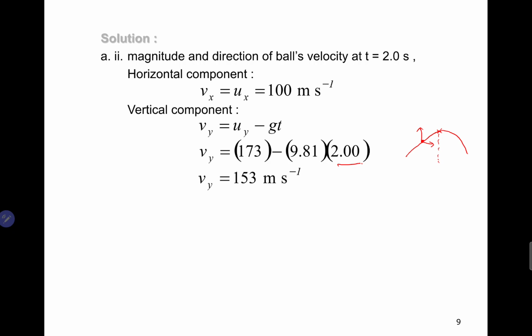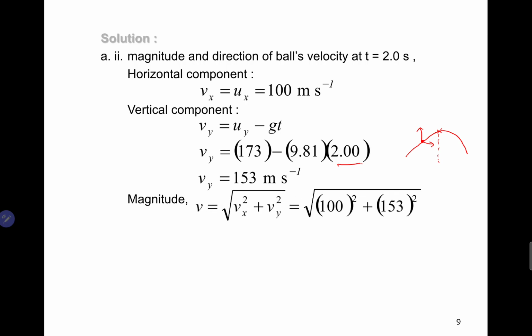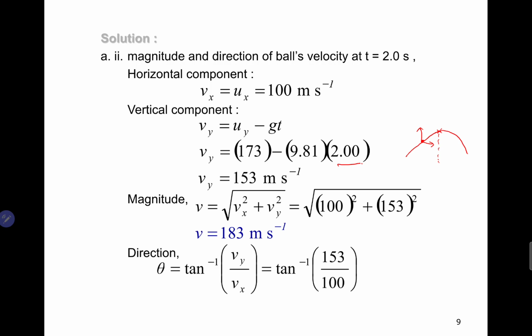Now that we have the x and y components, you can determine the magnitude and direction. For magnitude, square root of x squared plus y squared, which gives 183. Then the angle: tangent theta is the ratio of y over x, which gives 56.8 degrees from the x-axis, or above the x-axis.